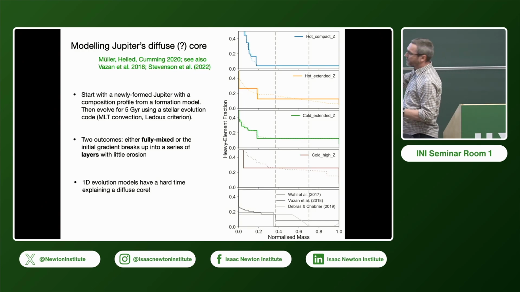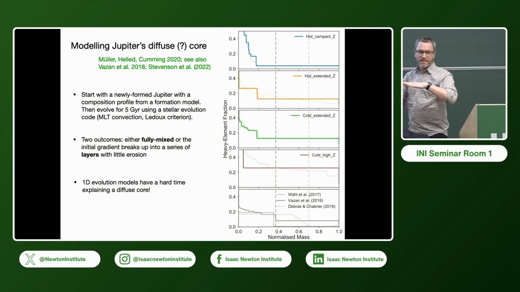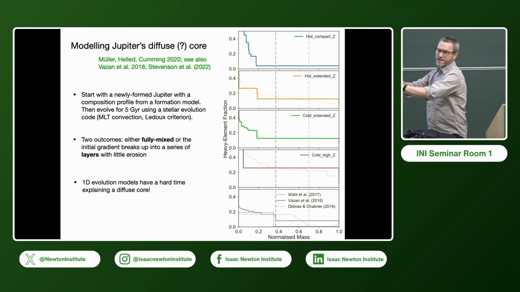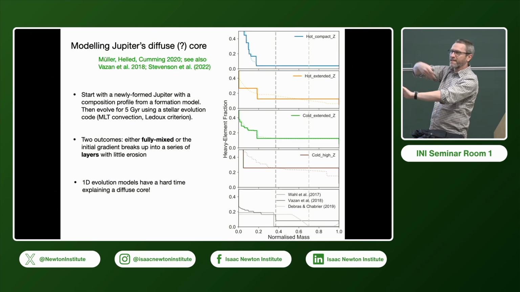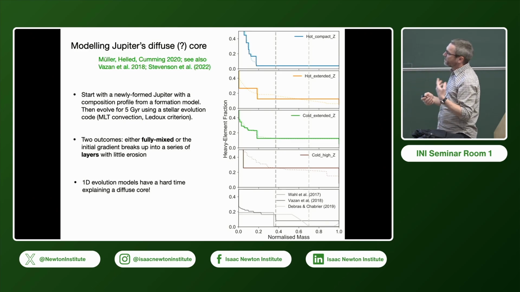We don't really get anything in the middle. If the initial state is very steep, very concentrated in the center, it survives by breaking into a staircase, or it mixes the whole thing and you get a completely mixed profile. So at the moment, in these 1D models for Jupiter, we can't make something that looks like the Juno data.